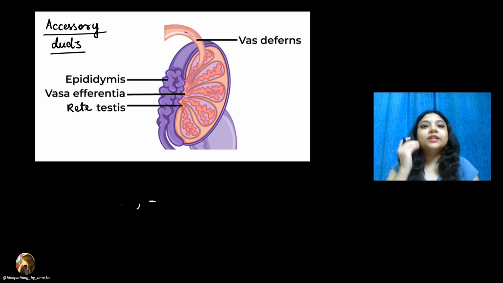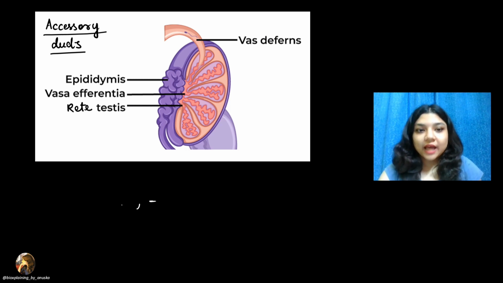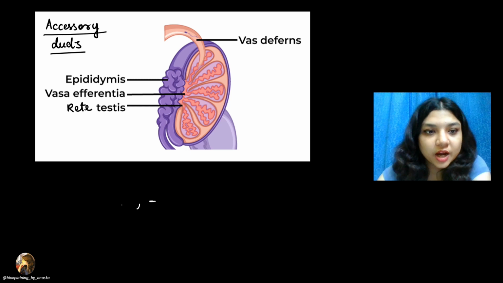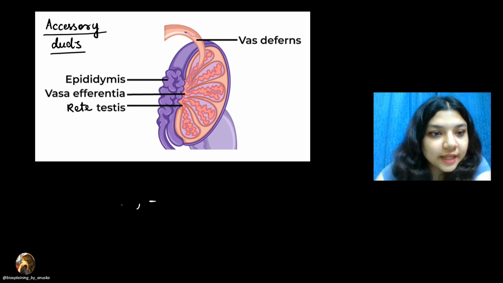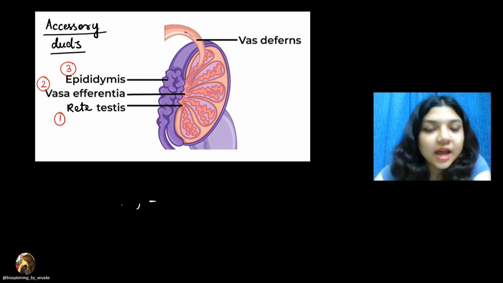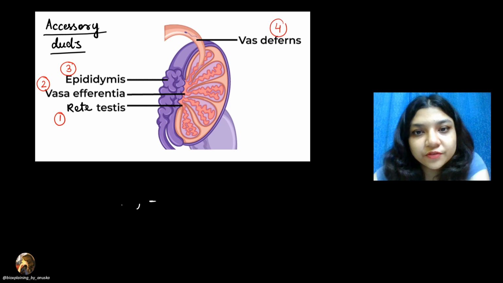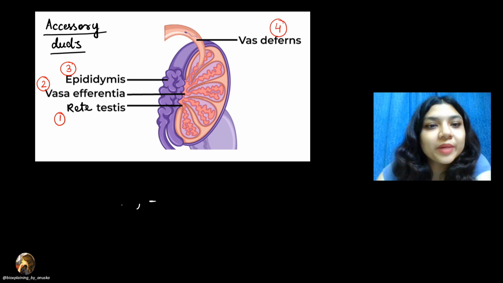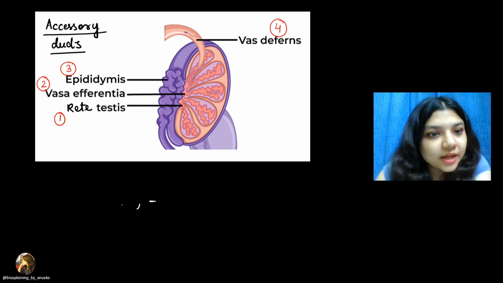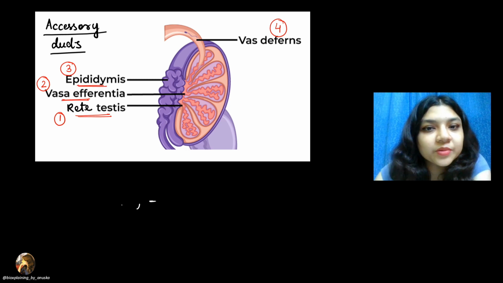The accessory ducts are the rete testis, the vasa efferentia, the epididymis, and the vas deferens. These are the four main ducts: rete testis, vasa efferentia, epididymis, and the vas deferens.